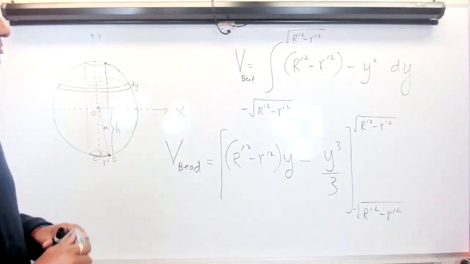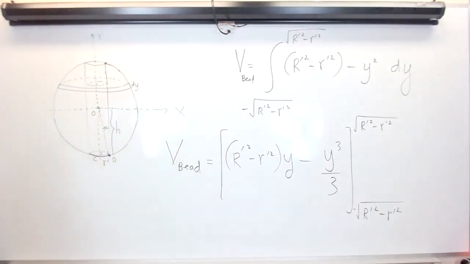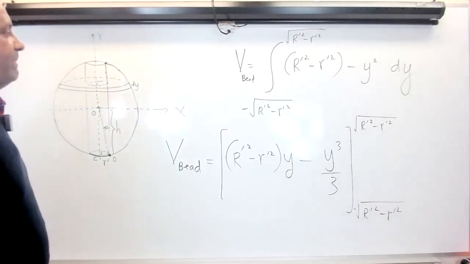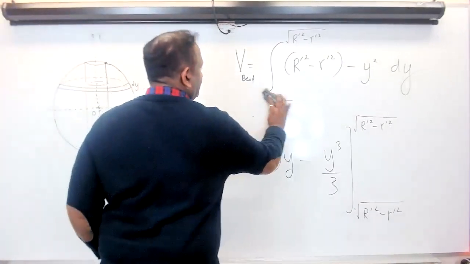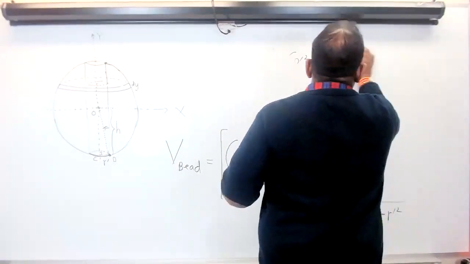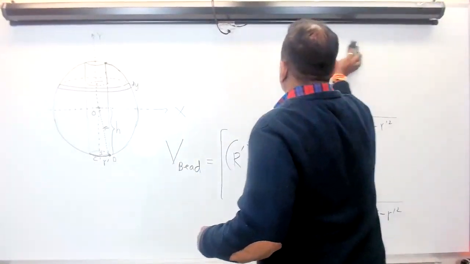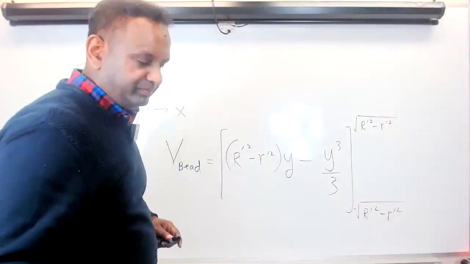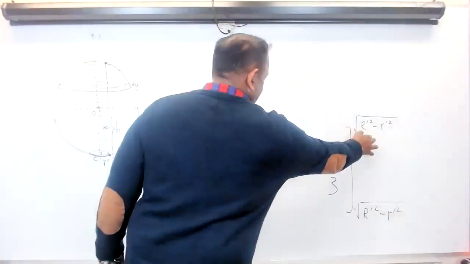Then plug in the upper bound and the lower bound. That's it. Then let's plug in here.